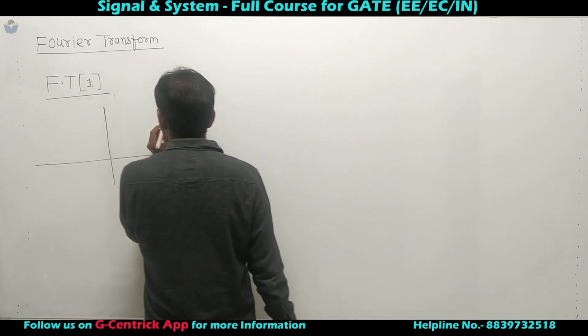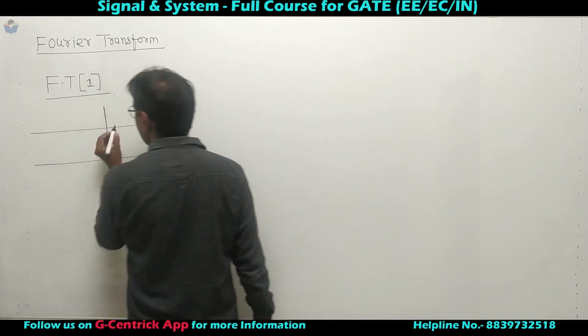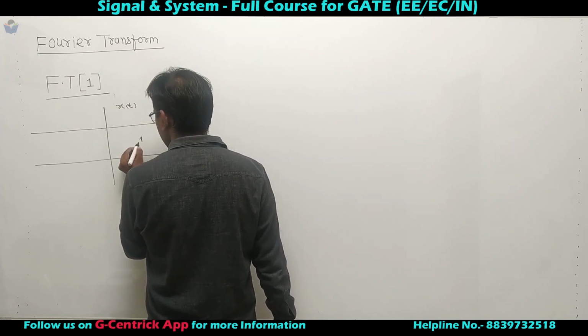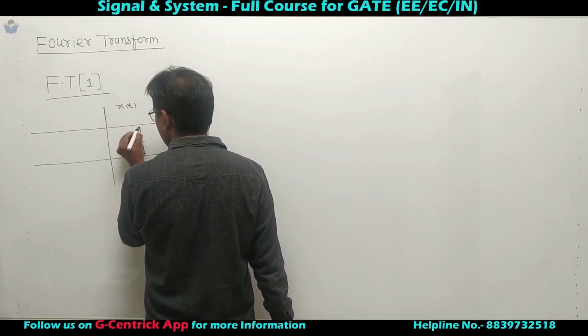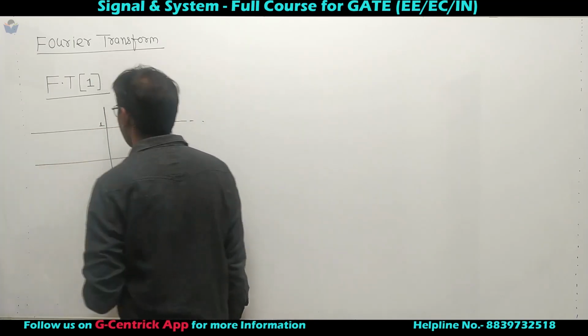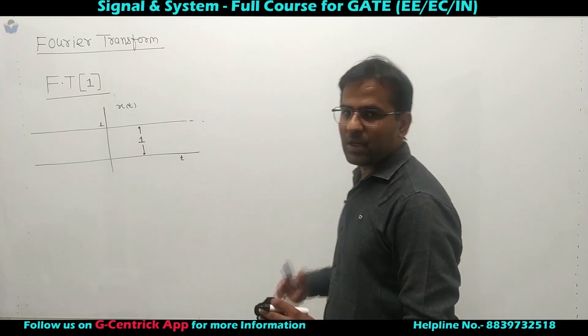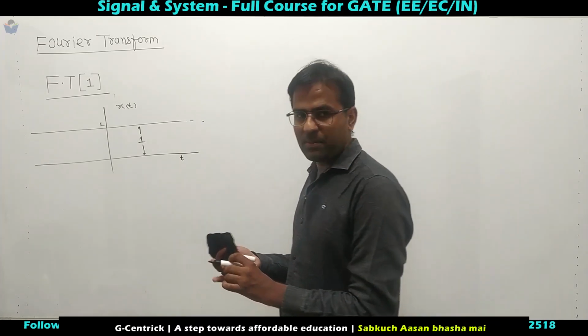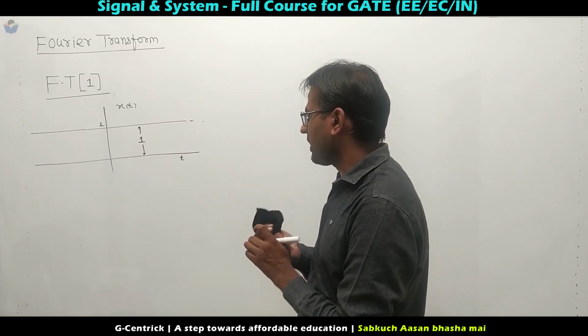There is no transition detail available for 1. This is x of t, this is 1, this is t. So 1 is 1 from minus infinity to plus infinity. So for calculating the Fourier transform of 1, I will again use some analytical method.